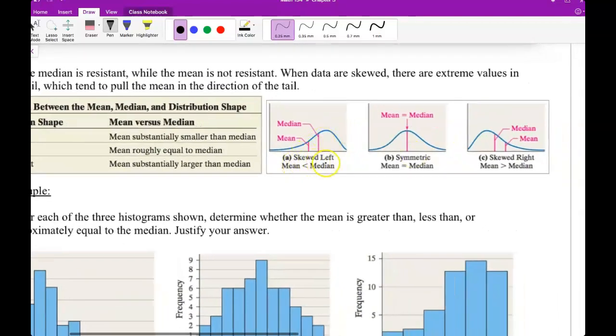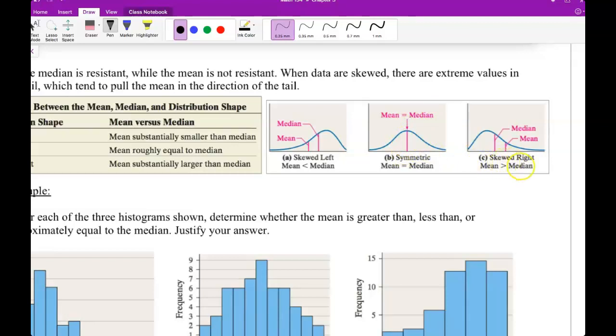When you have skewed left, that means the mean is less than the median. So this is our mean, in between, that is our average. So mean is less than median. But for symmetric, the mean is exactly equal to the median.